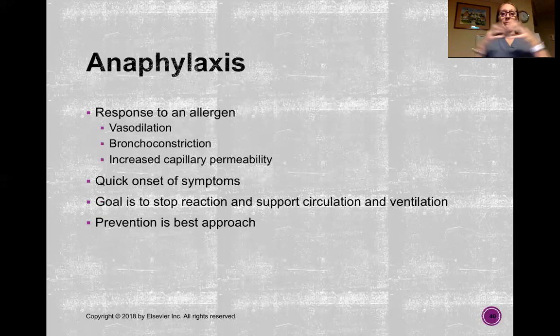So all of our blood is going to our capillaries. Our capillaries are letting it out into our tissues and into the lymph system and other areas, and then we have a bronchoconstriction. So it's a very serious reaction. So again, we're going to support the circulation and the ventilation.